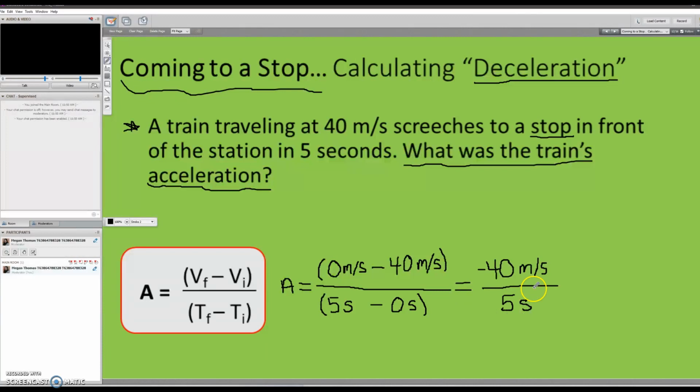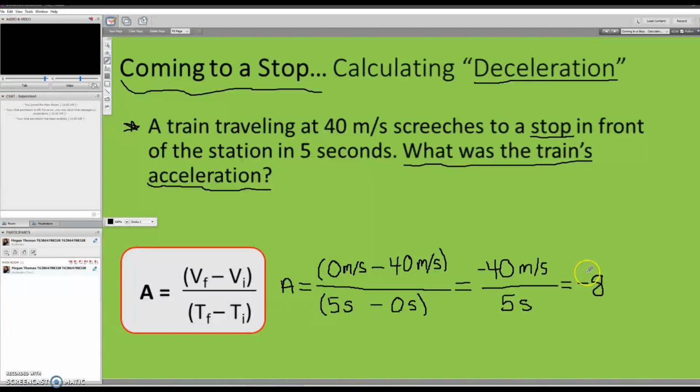So we've calculated our change in velocity, our change in time. So we have one step left, and that is to divide in order to find acceleration. A negative number divided by a positive number is going to give you a negative. Negative 40 divided by 5 specifically is going to give you a negative 8.